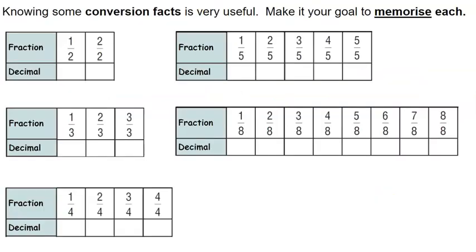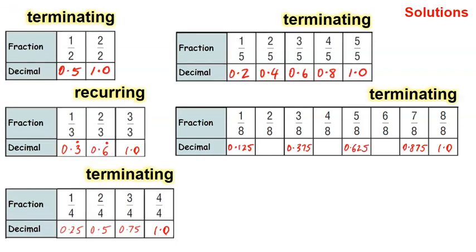Lots of these we can learn by memory, and we call them conversion facts. Make it your goal to memorize each. Look at the group of terminating decimal values. Notice the group of recurring decimal values. Let's look more closely at each type.